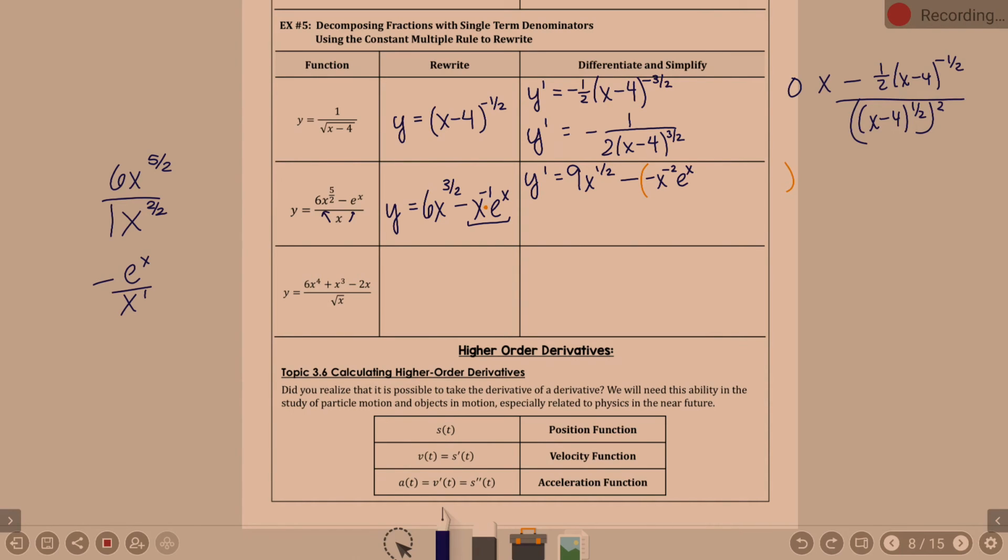It's a product rule, so plus. Now, derivative of e to the x is e to the x times x to the negative first. Told you, it's not pretty. Okay. Now, how much did I clean this up?